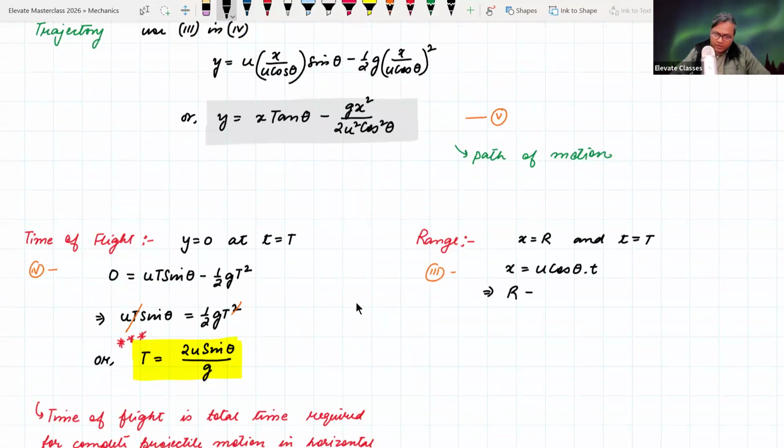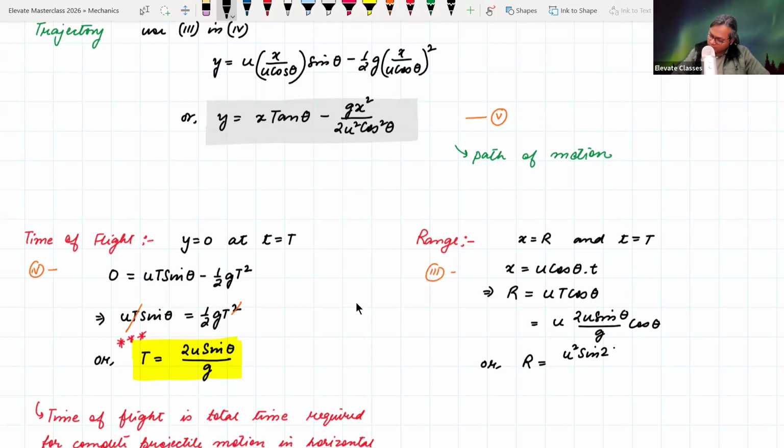This becomes r is equal to u capital T cos theta, which is nothing but u times capital T, which is 2u sin theta upon g, times cos theta. So what is 2 sin theta cos theta? It is sin 2 theta. So r is equal to u square sin 2 theta upon g. This gives you the total horizontal distance traveled.